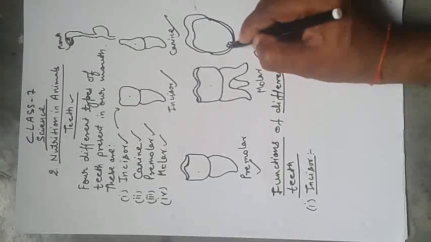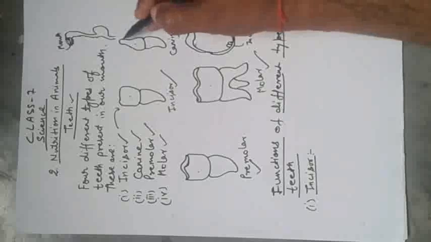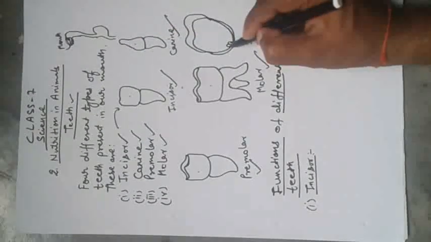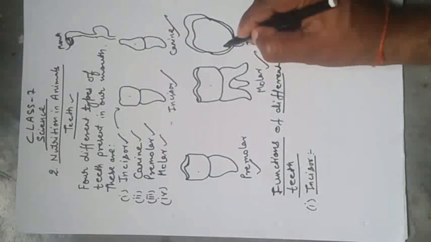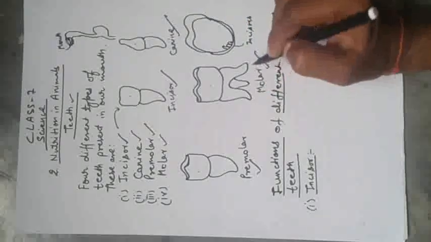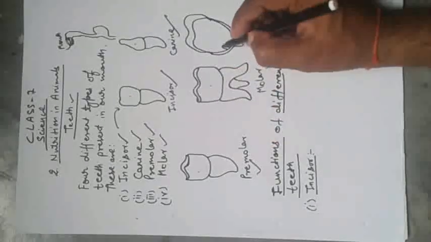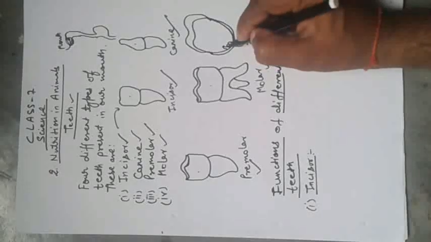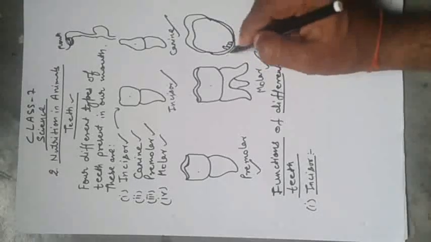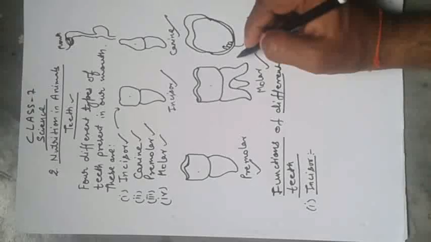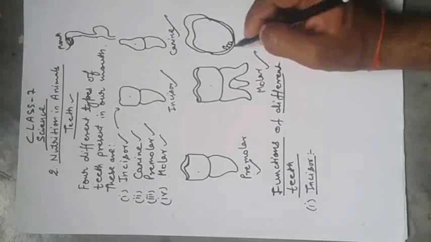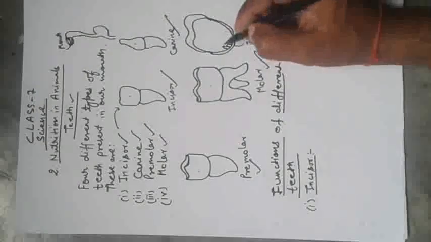The next one is canine. It looks like this. It is single, just next to the incisor teeth.